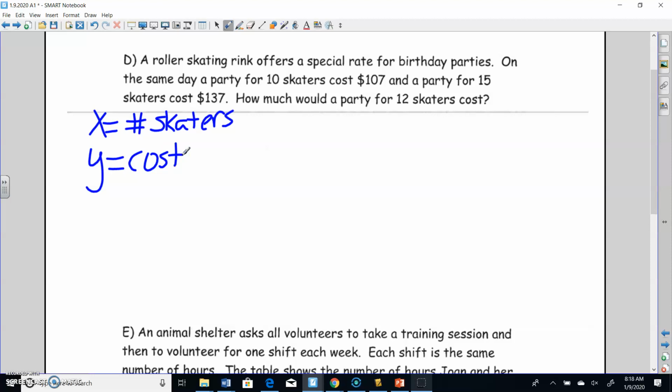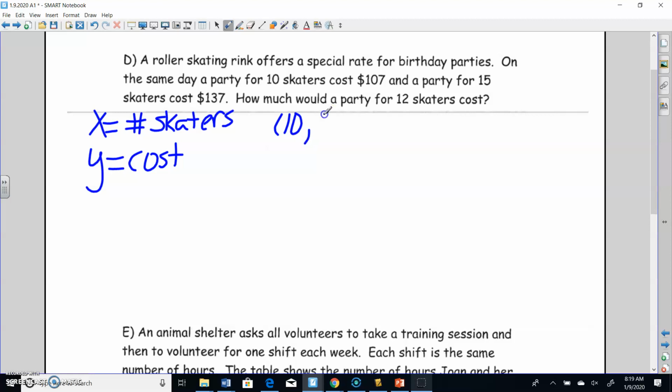All right, so this is a little different because here we've got 2 situations. We've got 2 times when they tell us the number of skaters will cost this much. So that's basically 2 points they're giving us. So the first point they're giving us is that 10 skaters cost $107. So there we go. 10 is the number of skaters, and skaters is X, so we put that value first.